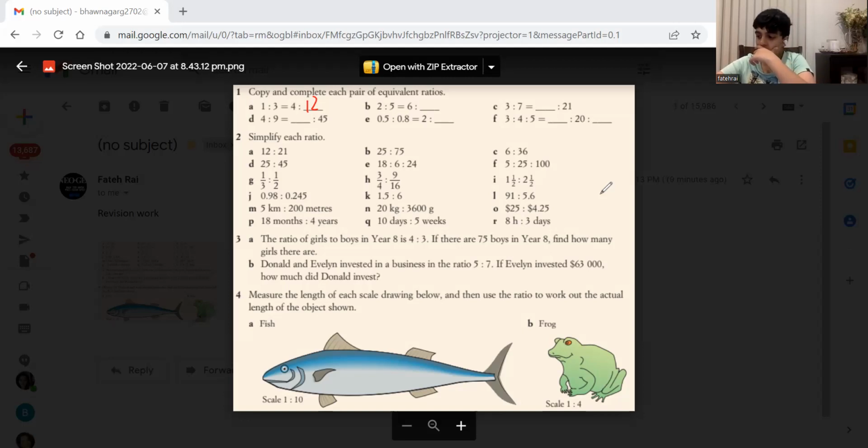Okay, 40. Next, I don't know. For E, if we multiply 0.5 with 4, it will give us 2.